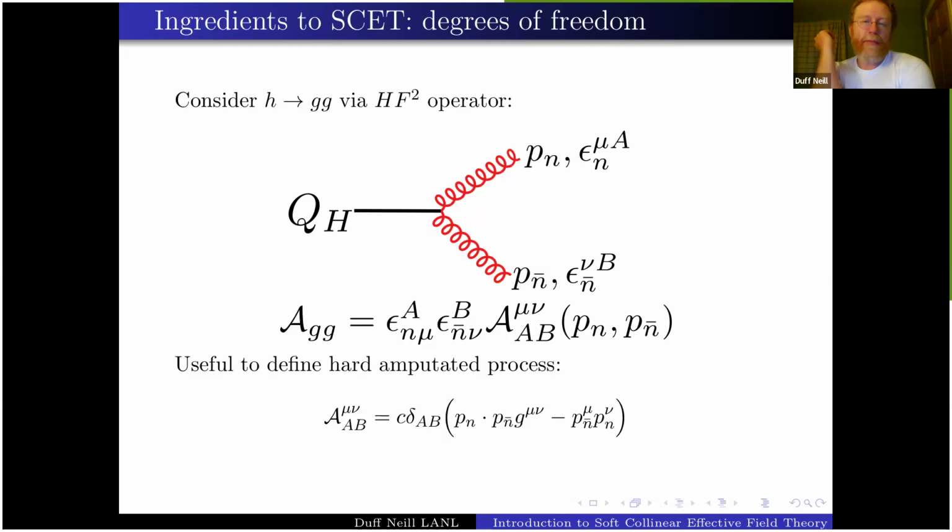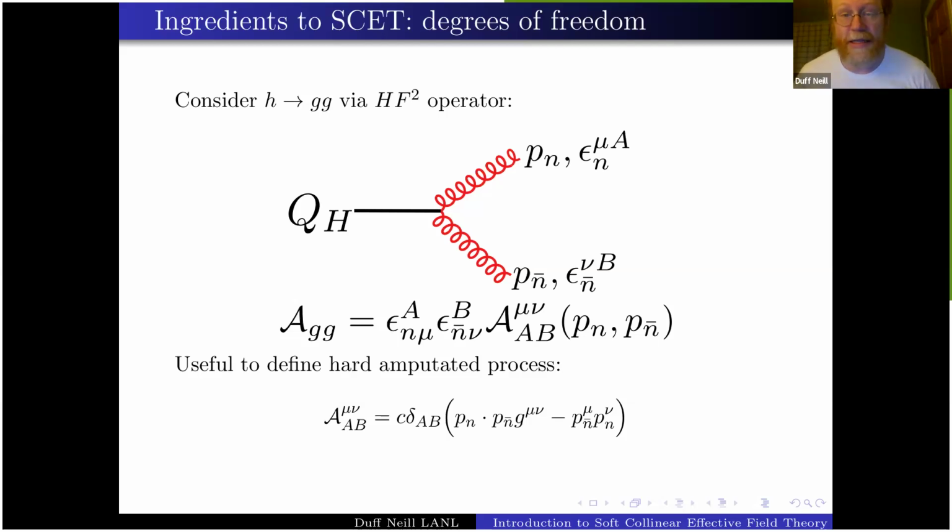Since this is what I did my thesis on, I'm not going to talk about jets produced particularly by a decay of a Z boson. Instead, we'll think about the decay of a Higgs boson, just because I think the construction of gluonic SCET to be a little bit more interesting than the fermionic version of it.